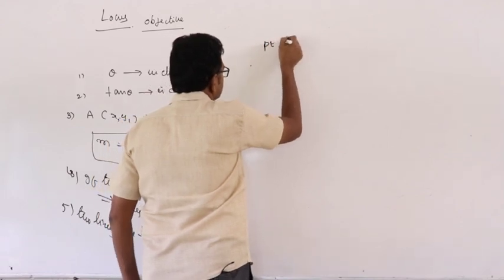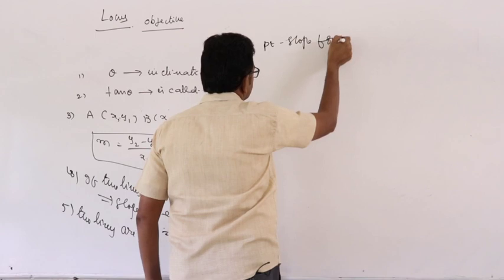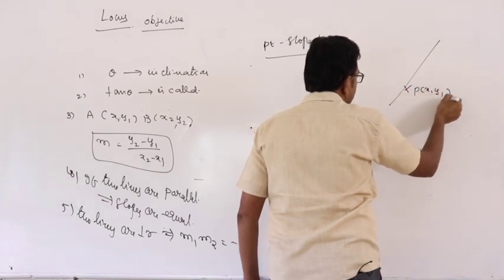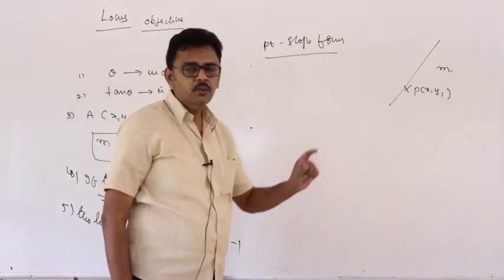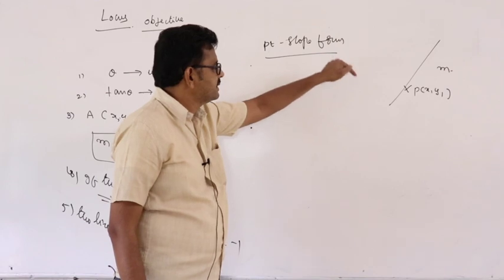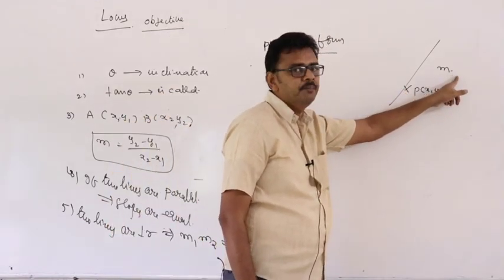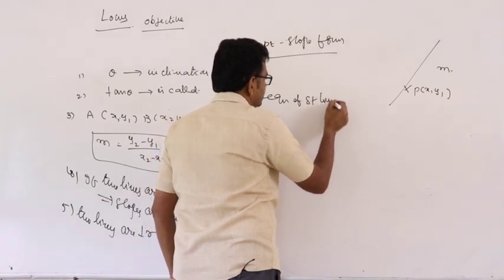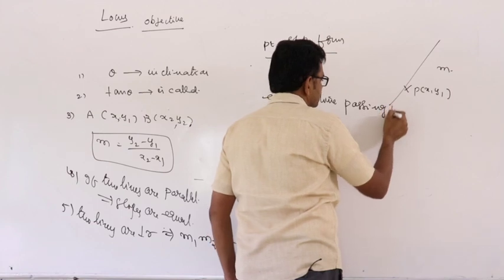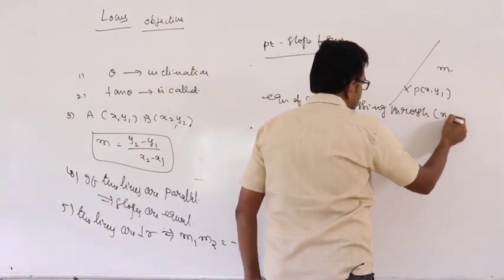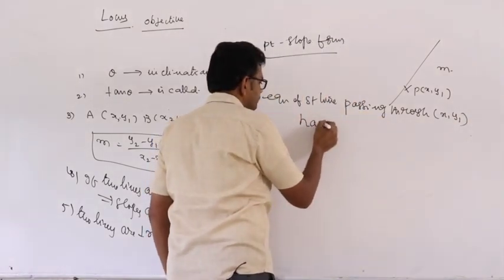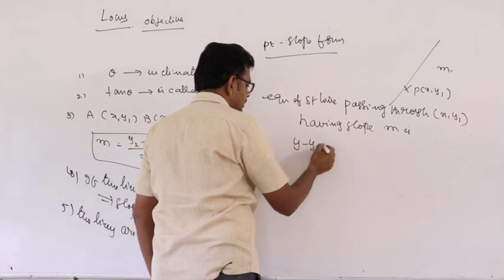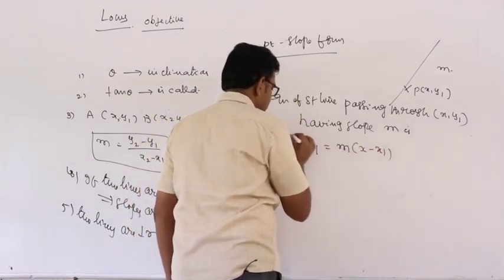Next, the point-slope form. That is, to find the equation of a line, we need a slope and a point. The equation of a straight line passing through the point x1, y1 having slope m is given by the formula y minus y1 is equal to m into x minus x1.